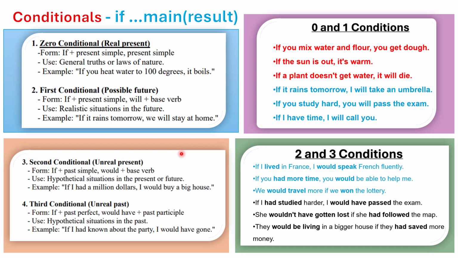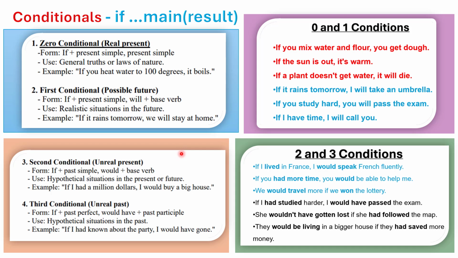The form here also has two parts. In the first part we have if plus past perfect, and in the second part would have plus past participle. We use this with hypothetical, unreal, impossible situations in the past. Example, if I had known about the party, I would have gone.